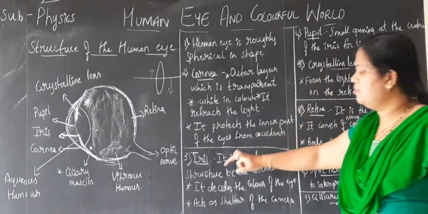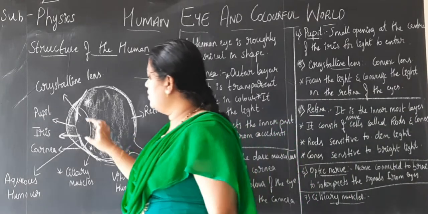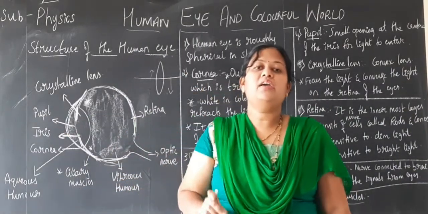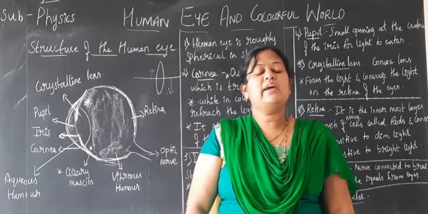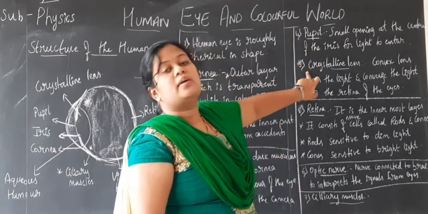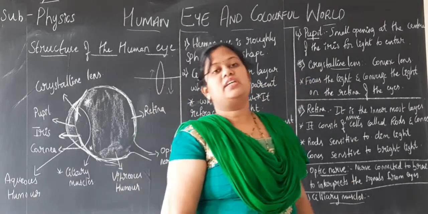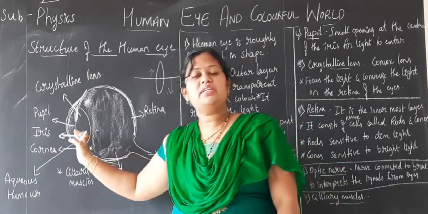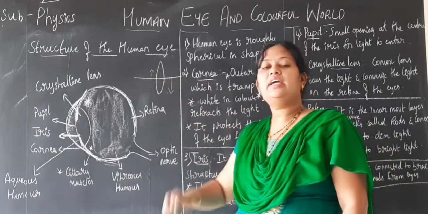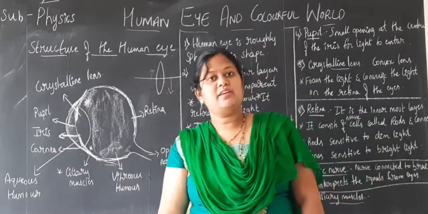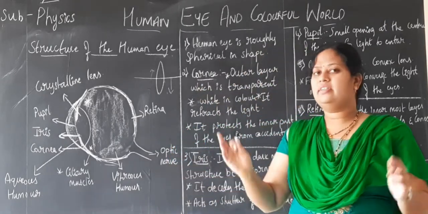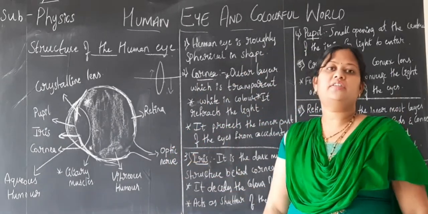Next is the pupil. At the center of the iris there is a small opening for the light to enter into the eyes, called the pupil. Next is the crystalline lens which is present in our eyes. As I said, it is a convex lens. A convex lens always forms a real and inverted image of objects after refraction. But the images we see are not inverted; they are erect.